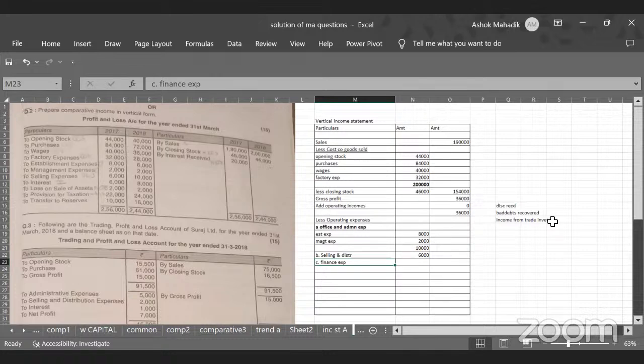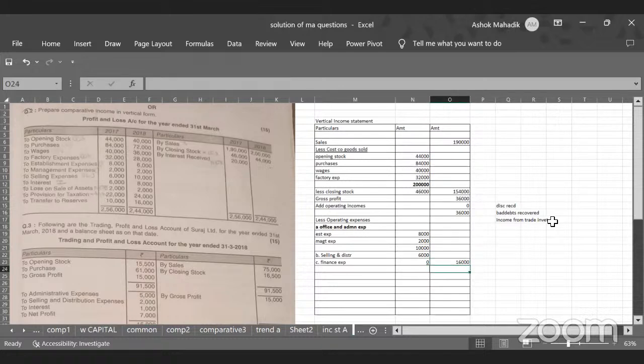But there is no mention whether the interest paid is on short-term or long-term. We presume it is on long-term. So no finance expenses. So we'll add these three. This is 16,000. Go to the outer column.